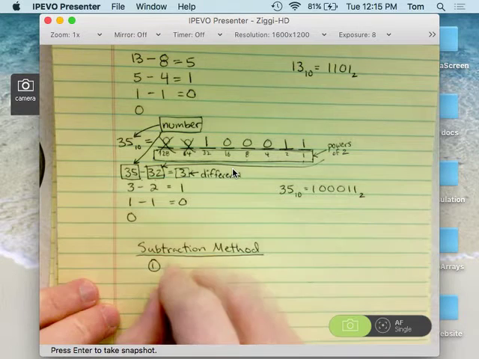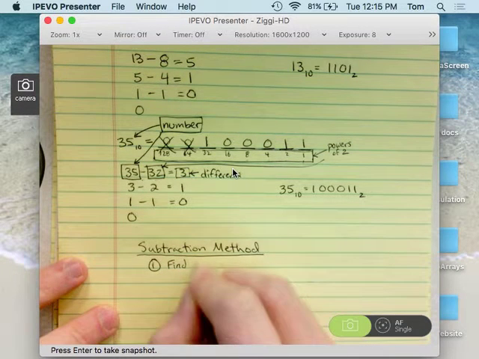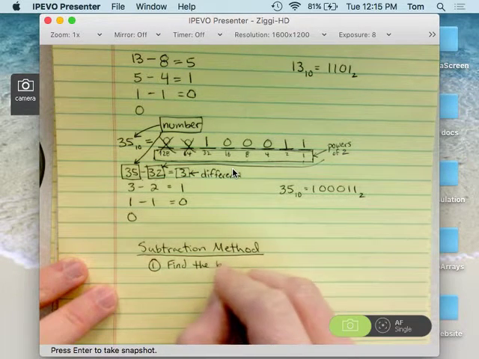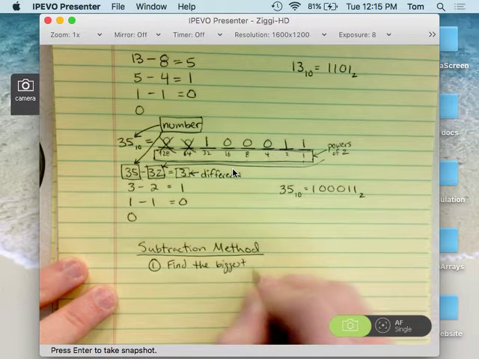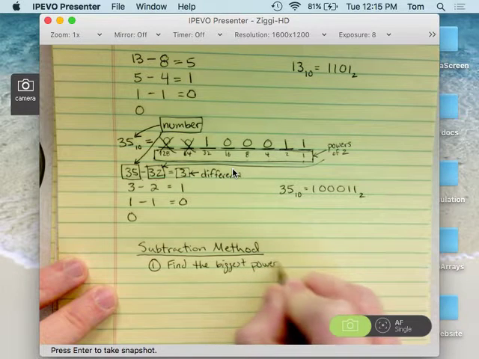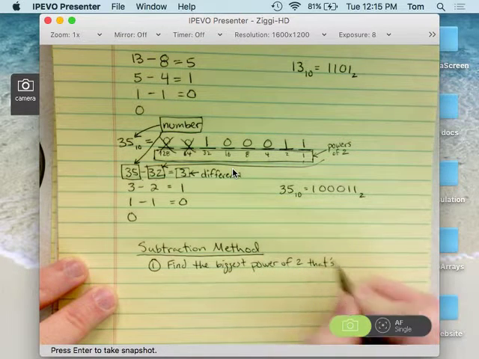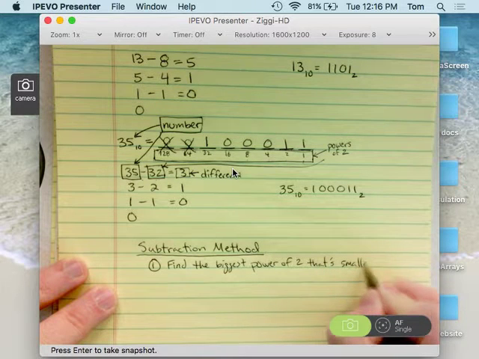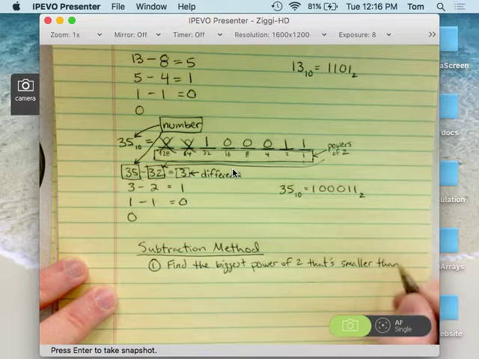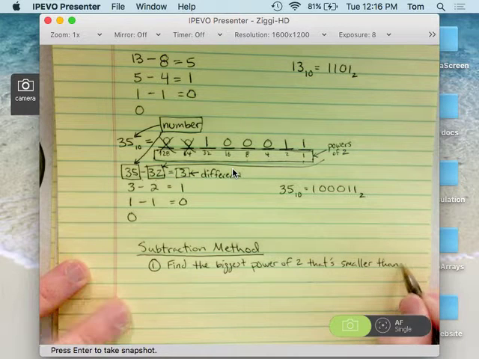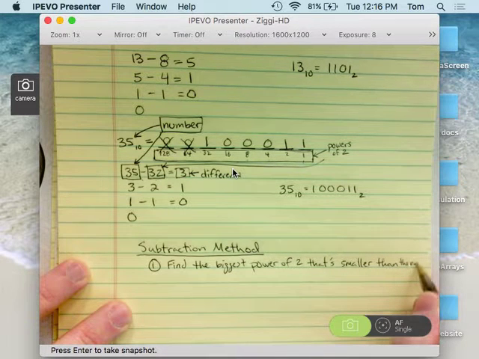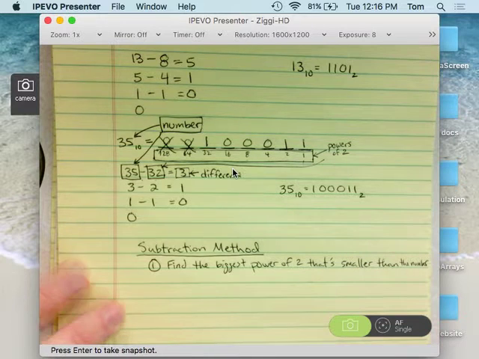So find the biggest power of 2 that's smaller than the number.